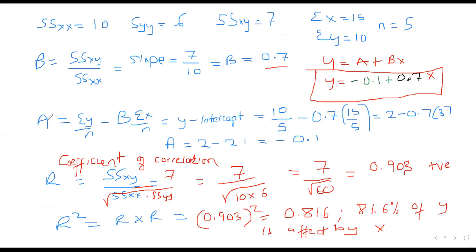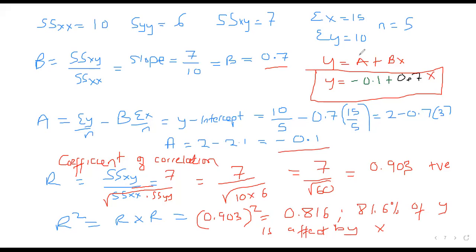You can only find A after you find the slope, because in the formula for A, which is the y-intercept, we have the summation of y over n minus b times the summation of x over n. Our n, remember, is the sample size of pairs. So here 10 over 5 minus 0.7 times 15 over 5, which gave us negative 0.1.